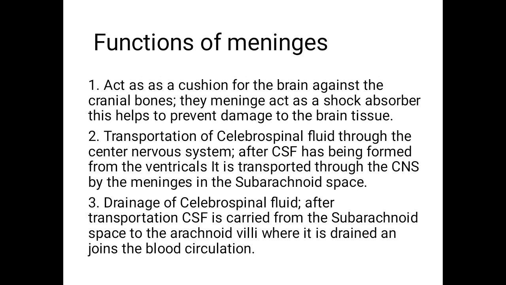Another function is transportation of cerebral spinal fluid through the central nervous system. After cerebral spinal fluid has been formed in the ventricles, it is transported through the central nervous system by the meninges in the subarachnoid space.